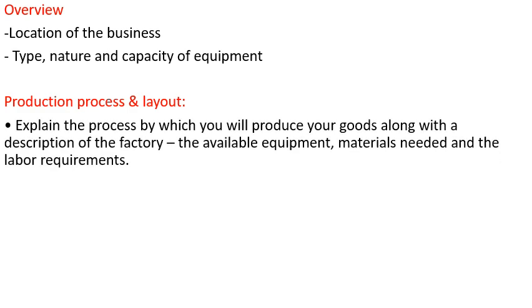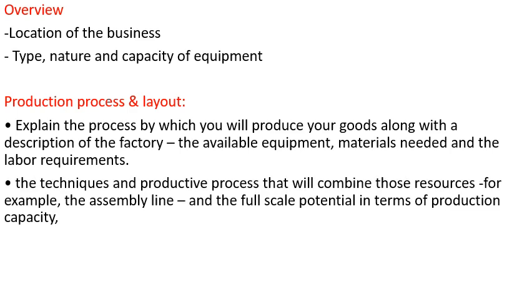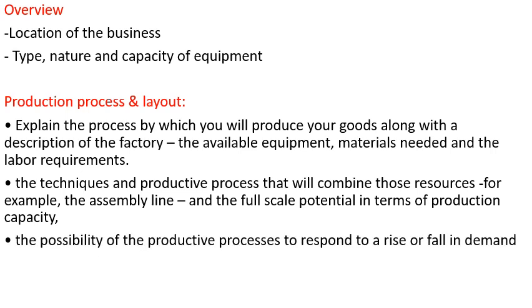So explain the process by which you produce your goods along with a description of the factory, the available equipment, materials needed, and the labor requirements. You can also talk about the techniques and productive process that will combine those resources, for example, the assembly line and the full-scale potential in terms of production capacity.